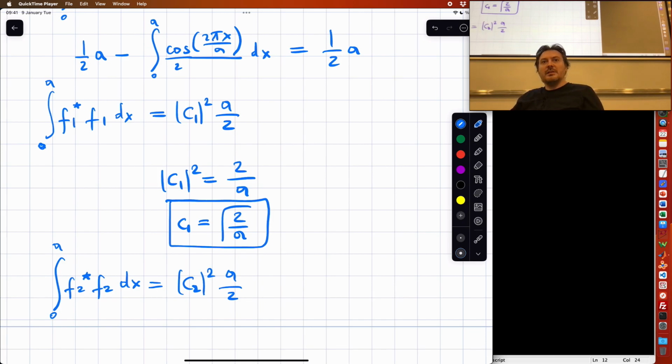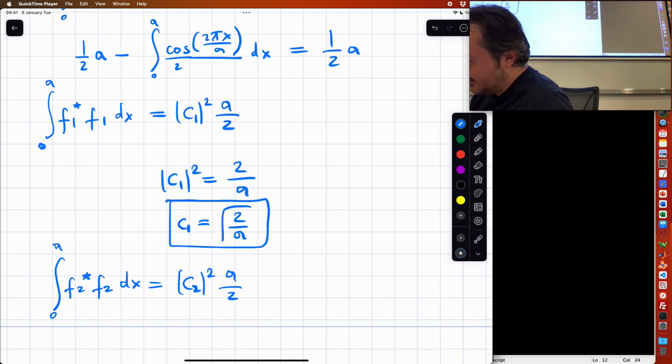The integral is a over 2 in both cases. And it can be any n, sine squared n pi x over a, where n is an integer. You will get 2 over a. I don't want to bore you with mathematics, not that much. This much is okay. So c2 will also be square root of 2 over a. That's my point.